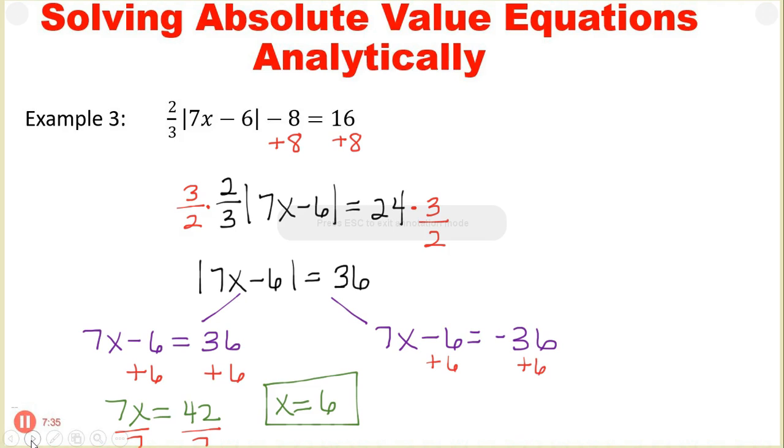And that's going to give us 7x equals negative 30. And then we're going to divide by 7. And we're left with our second solution, which we will leave as a fraction. And that will be negative 30/7.